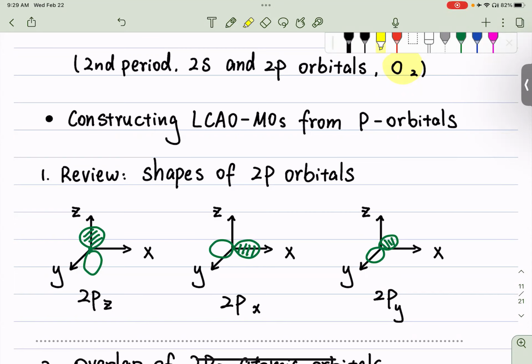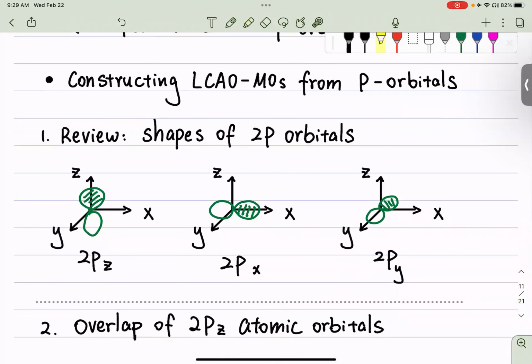To do that, here are the shapes of our 2p atomic orbitals. If you remember in the Cartesian coordinates, the 2pz aligns along the z-axis, 2px aligns along the x-axis, and 2py aligns along the y-axis. They have this curious dumbbell shape because of the angular nodes that exist in these p atomic orbitals.